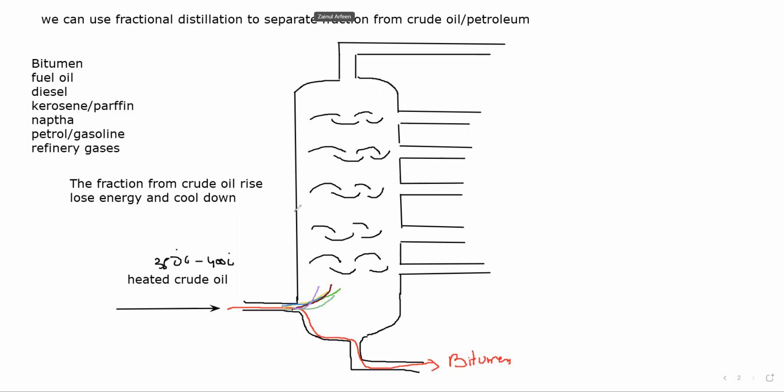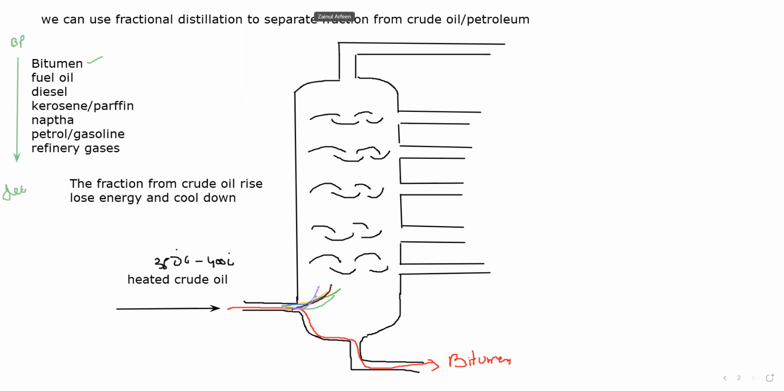As you see in the boiling points, bitumen is there, then fuel oil, kerosene, and as we move down in this series, the boiling point is decreasing. So which will be the next fraction to condense, to convert from a gaseous state to a liquid state? Bitumen is already in a liquid state, so it is separated. Now, which will be the next fraction which will cool down? The next fraction will be fuel oil.